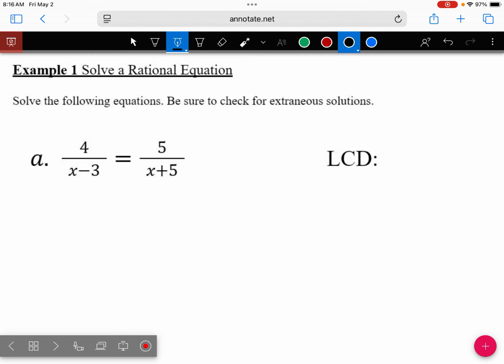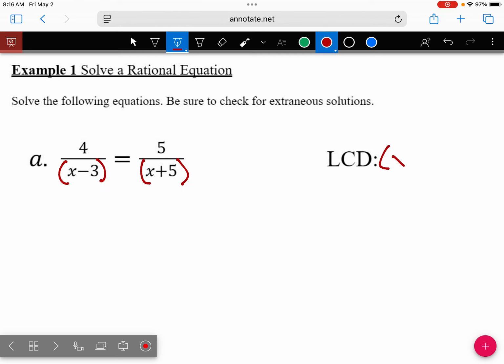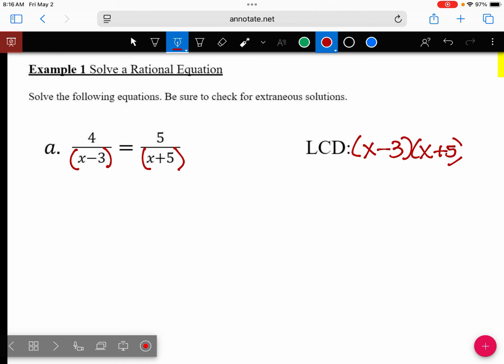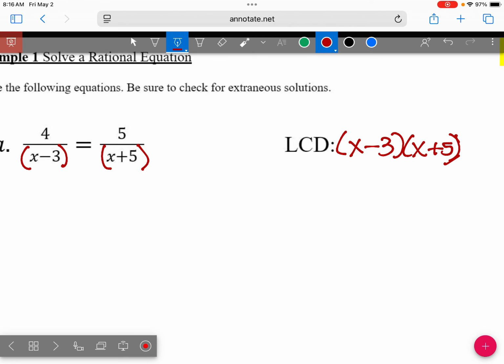So we have two different denominators. I have x minus 3 and I have x plus 5. So that's my LCD. Now, if I get these two answers, it's going to be no solution. We know that if you said x minus 3 equal to 0, that means x cannot equal 3.